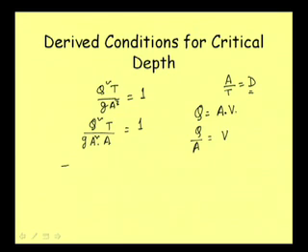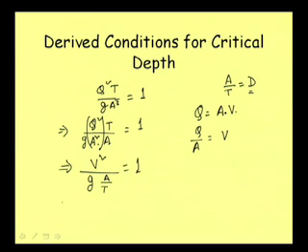So, from this condition, if I put this within a bracket, it will be nothing but V squared, and g will be there, and T by A we can write as A by T, which is D. This is equal to 1, and this is nothing but V squared by g D equal to 1.